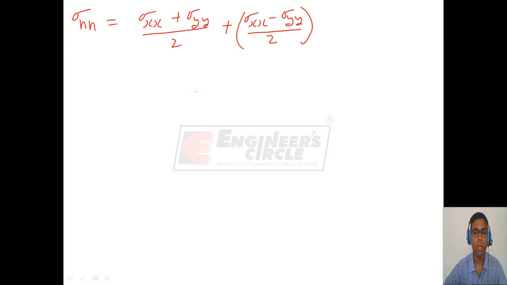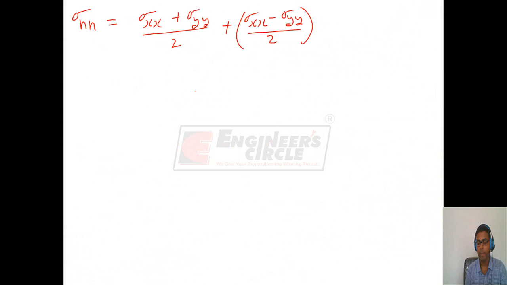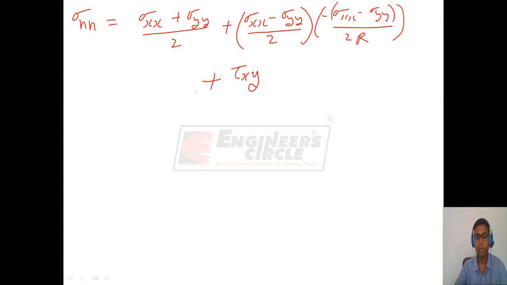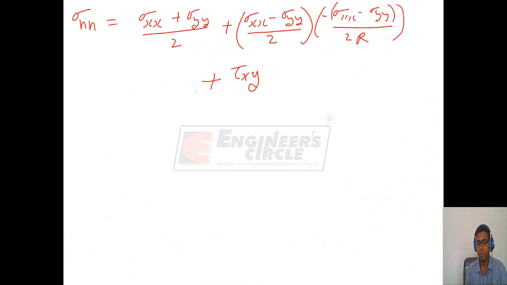So in place of cos 2 theta we can put this value, minus (sigma xx minus sigma yy) by 2r, and we will get minus (sigma xx minus sigma yy) by 2r plus tau xy into sin 2 theta. So instead of sin 2 theta we can put minus tau xy upon r. So we will get minus tau xy upon r.